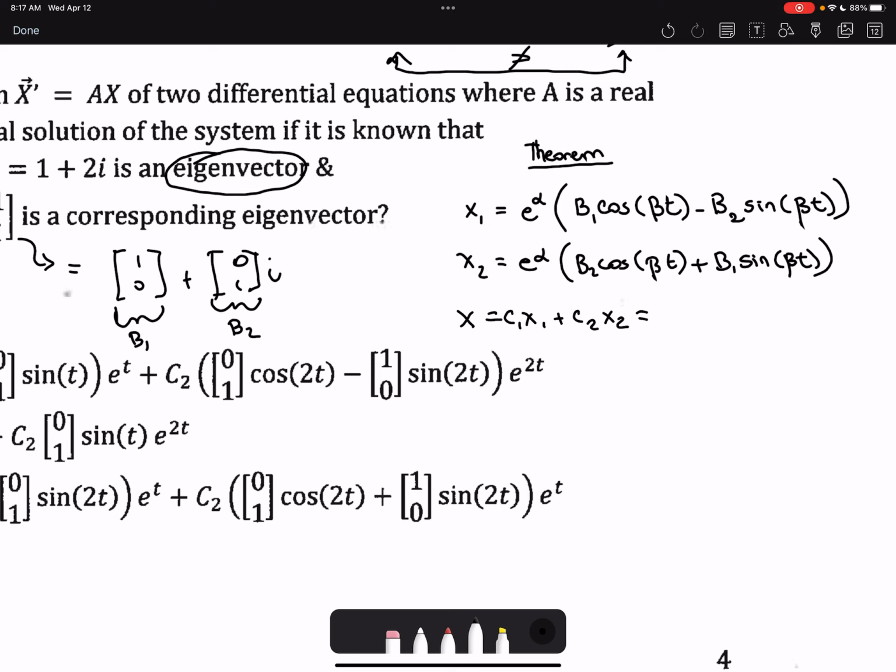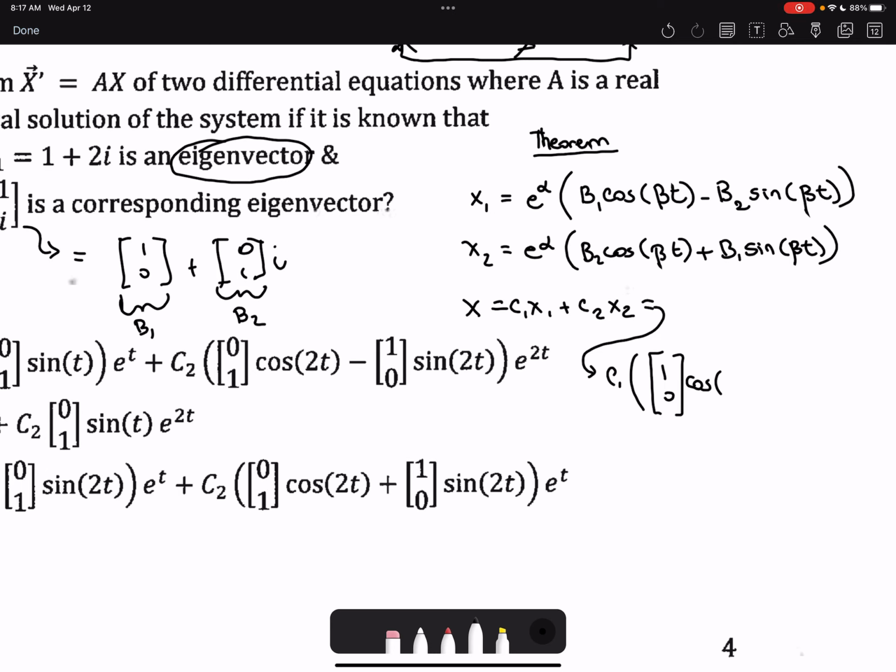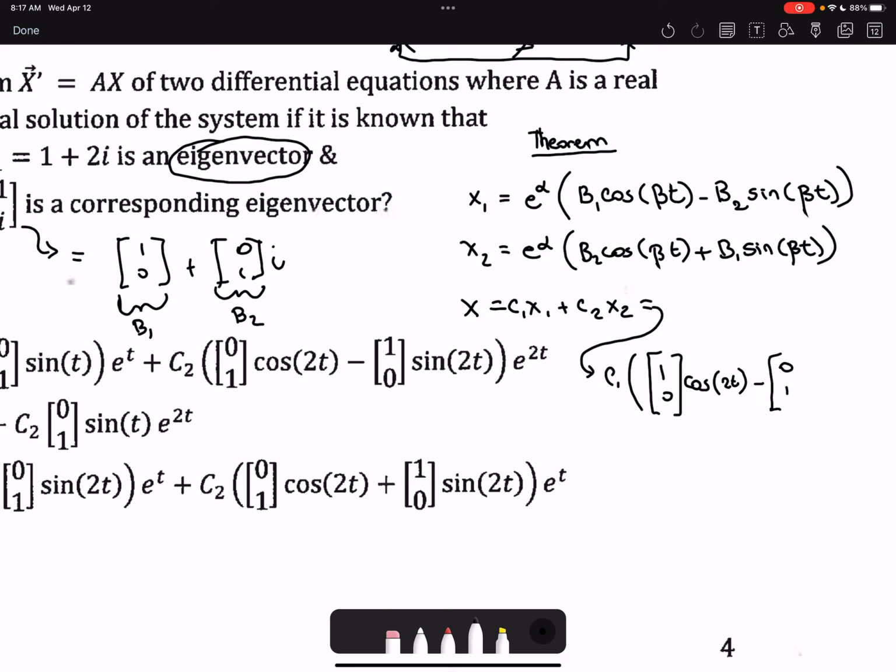So C1 multiplied by the real part, b1, which is (1, 0), times the cosine of beta t. What is beta? That is the coefficient of the i, which is 2. Minus the imaginary part, which is (0, 1), because we're only taking the coefficient in front of the i, not the i itself, times the sine of 2t. And then here we're going to have plus C2.